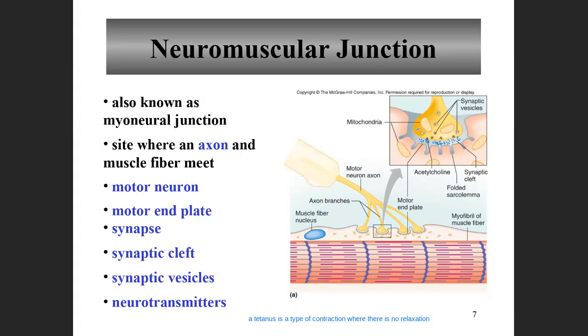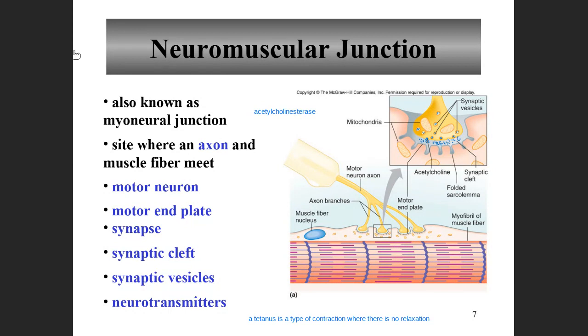Now, the question is, what causes that relaxation? That means that you have to remove the acetylcholine from the cleft. So it turns out that in the cleft, there is an enzyme called acetylcholinesterase.